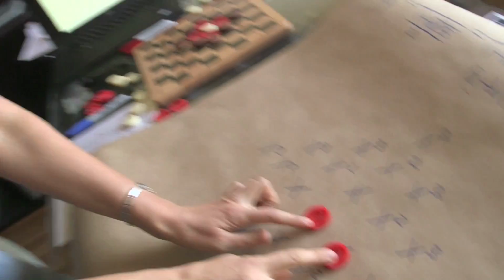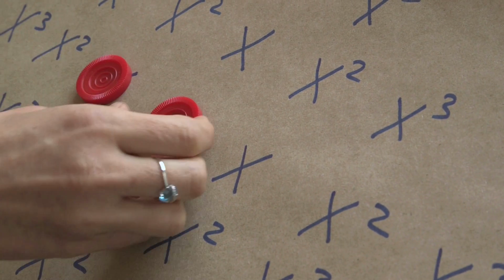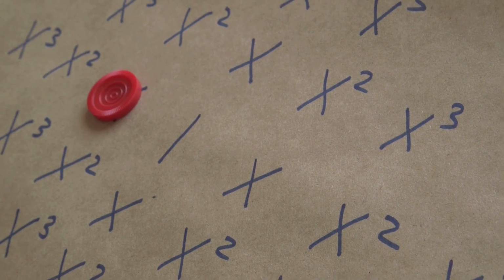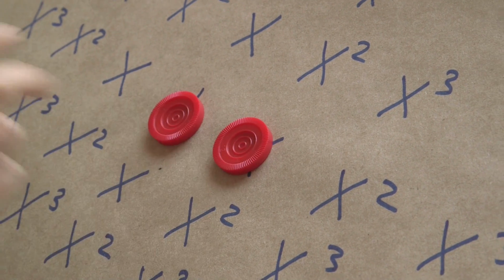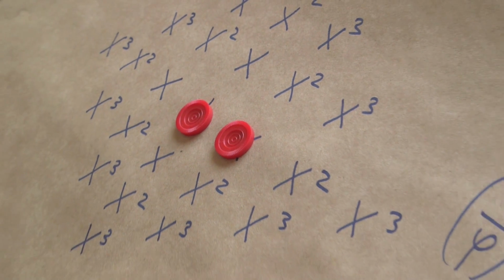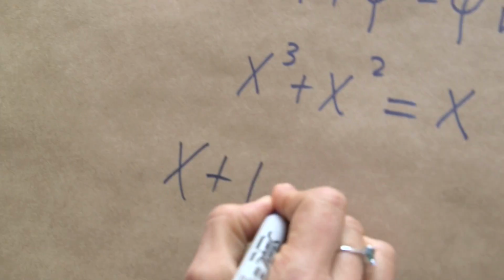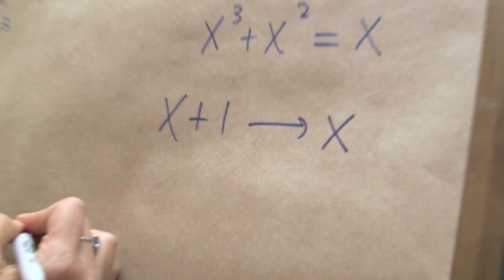What if you jump over 1? I think the sum will decrease, because originally you had x plus 1, but then you replaced it just by x. So the sum decreased. Oops. So it's not going to be an invariant, but it might be a decreasing monovariant.